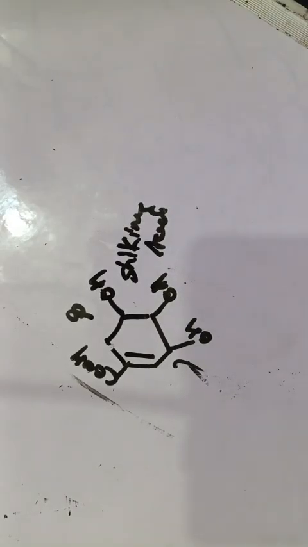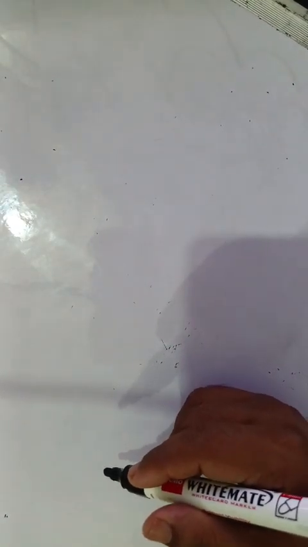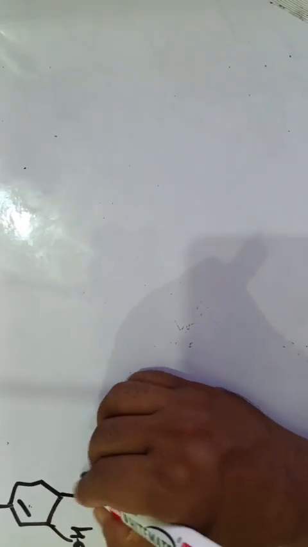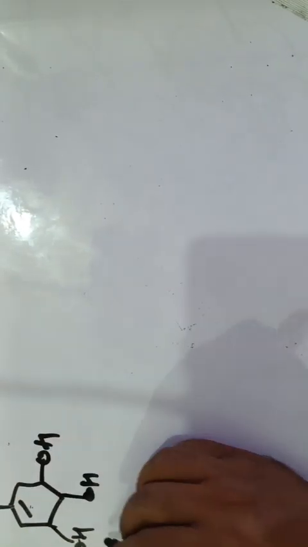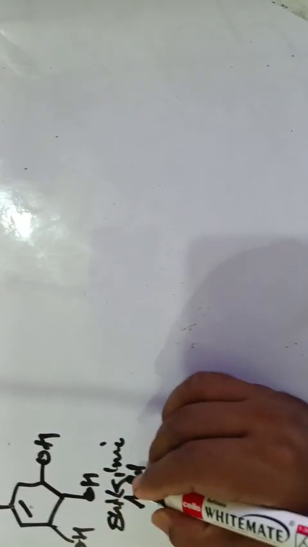From this shikimic acid, now I am going to make a new shikimic acid structure, by which we can understand very well. This is COOH, OH, OH and OH. This is shikimic acid.